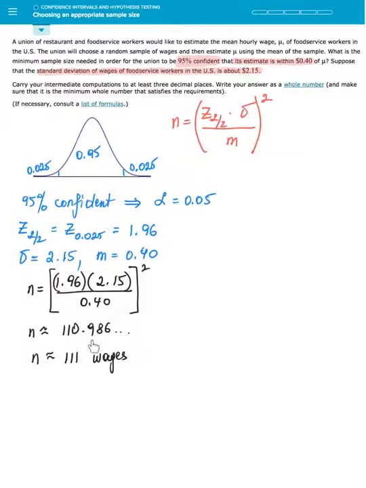Just remember to round up. For example, if you found sample size to be approximately 110.1, the fact that 1 is small doesn't mean you're going to round down to 110. You will still round to 111 wages because 110 of them is not enough. I need slightly more than that, which really means 111 is sufficient.